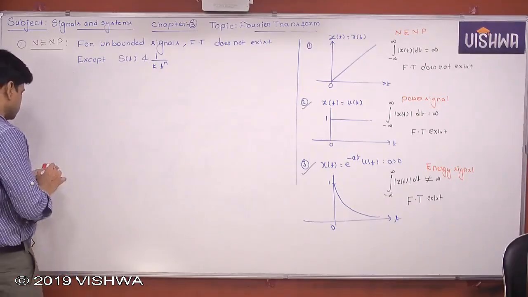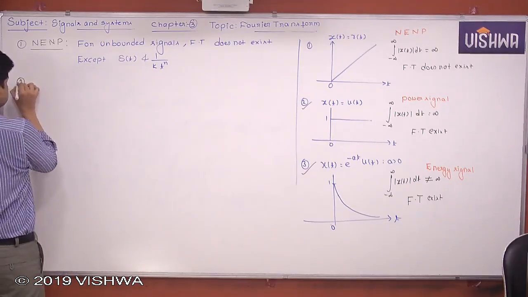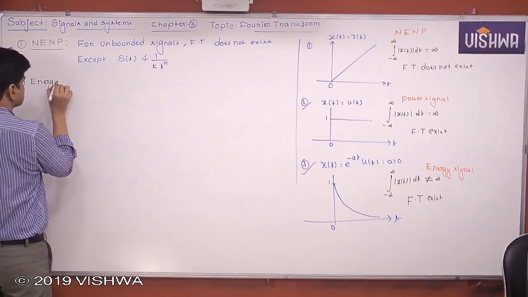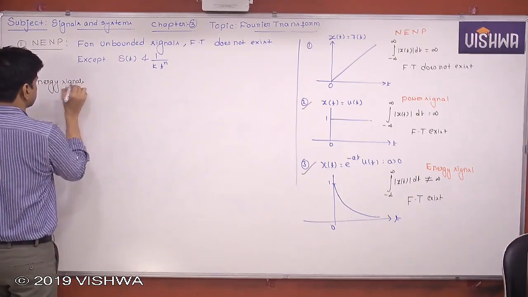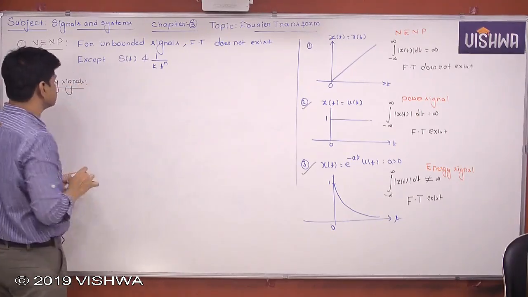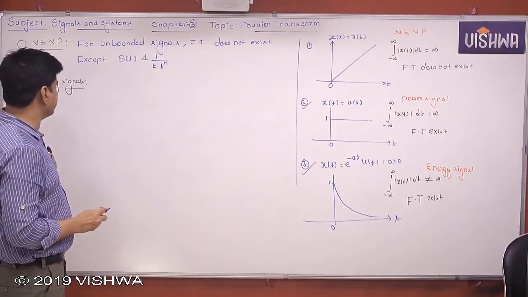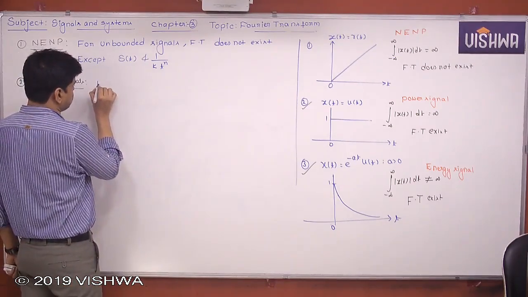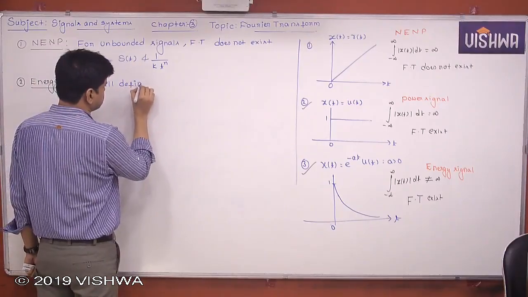Next, second case, energy signals. For energy signals, we have a Fourier transform and it is a well-defined Fourier transform.